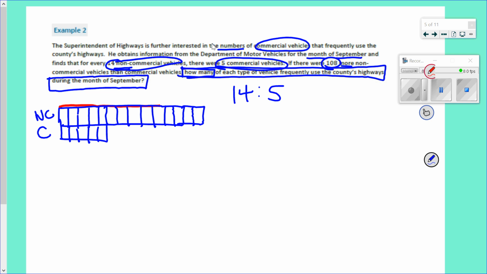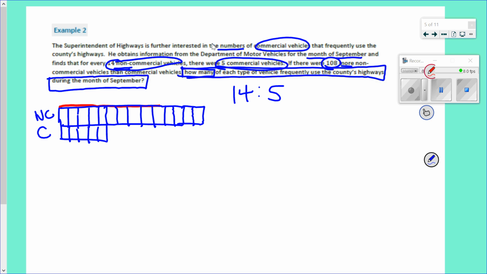Because we need to add 14 and 5 and then divide that by 108. Hold that thought. So we would divide 108 by 14 to get a ratio constant. So you can find out how many commercial vehicles there are.